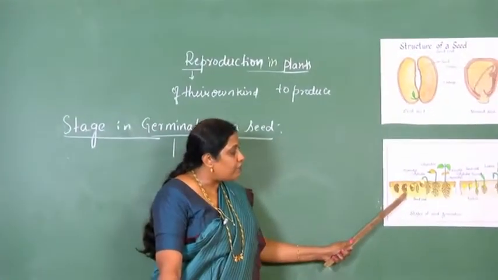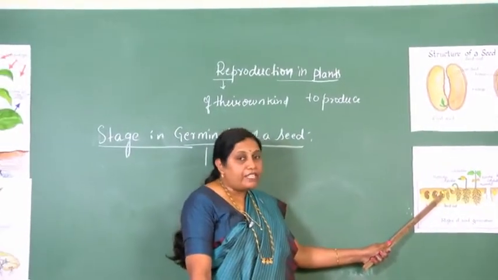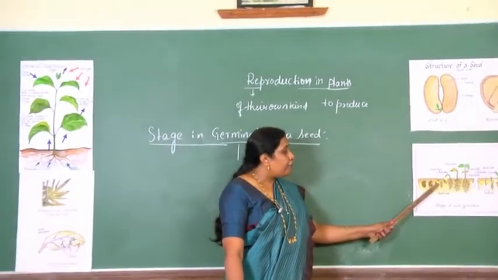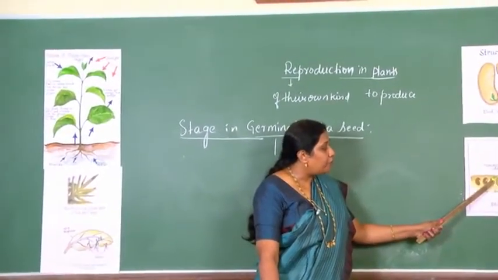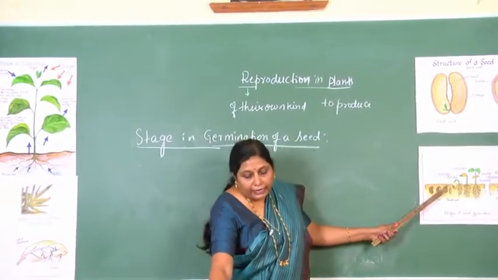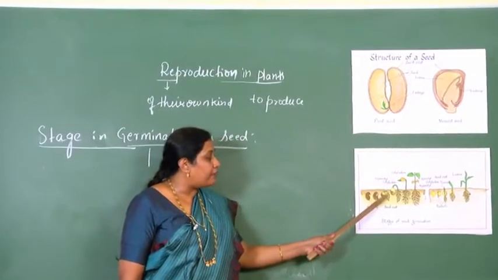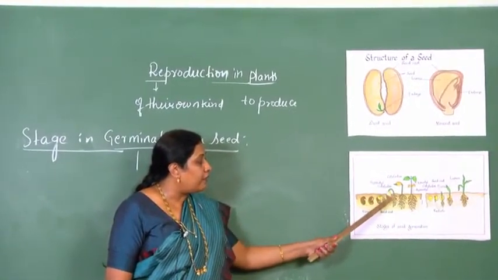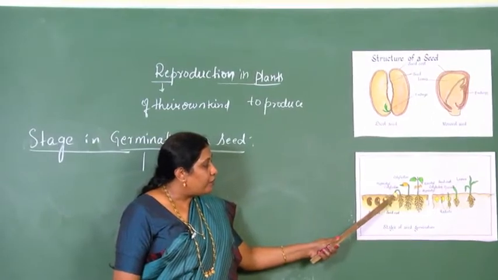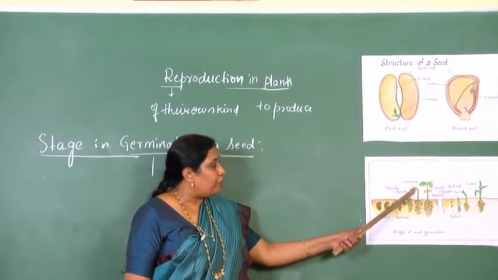When the seed swells and opens, it becomes very soft, and from the embryo there will be production of a radicle. The radicle develops into roots, whereas the plumule develops leaves.